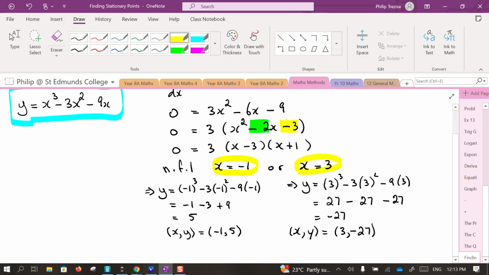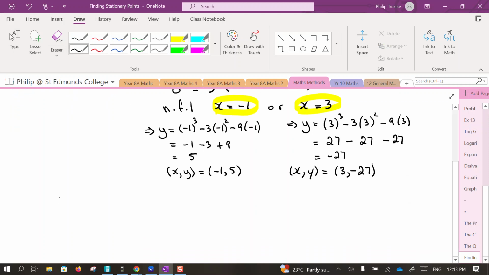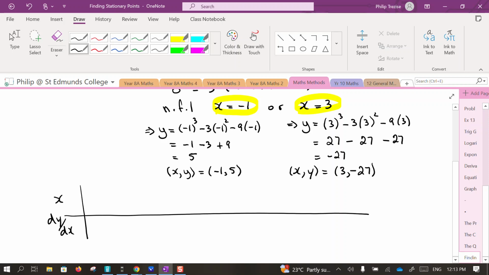How do we determine the nature of these stationary points? Well, we do a calculation of what the derivative behavior is. So we're interested in what the derivative is doing nearby to those stationary points. So my first stationary point was at negative 1.